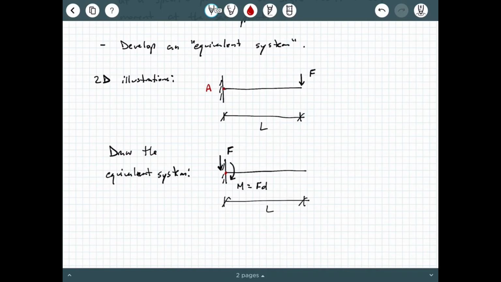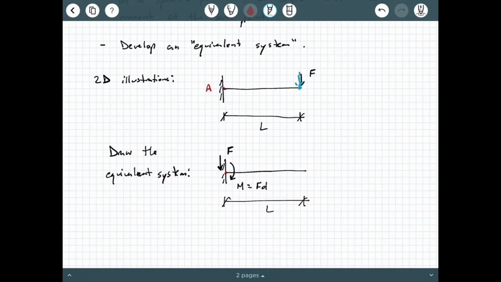All right. Now let's take a second and think about what this implies. At a point of interest, in our case point A, what is point A feeling? That's one way you can think about this. What are the effects that point A is feeling here? Well, point A is feeling the actual effect of the vertical force here. That's why we're able to put F over here. But what else is being felt at point A?